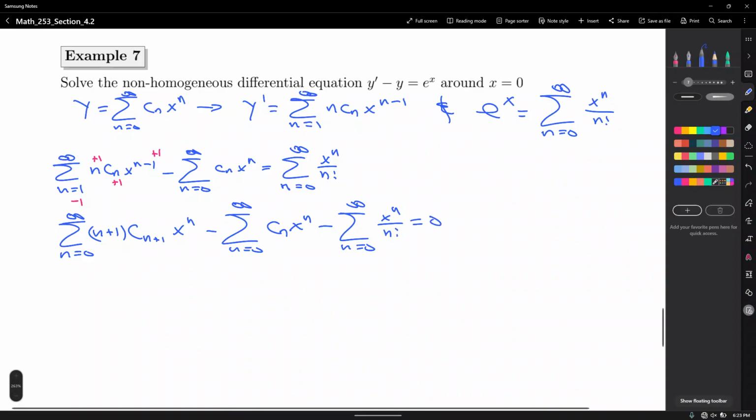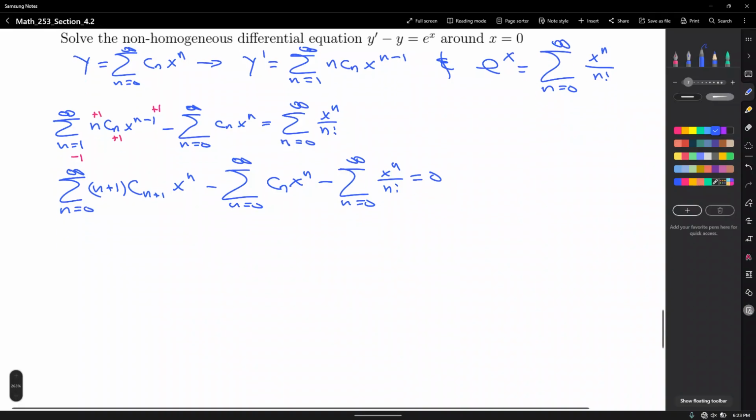And guys, this is great because at this point, we should be able to combine the series into a single one, can't we? All right, so that means sigma n equals 0 to infinity of bracket (n plus 1) c sub n plus 1 minus c sub n minus 1 over n factorial, times x to the n equals 0.